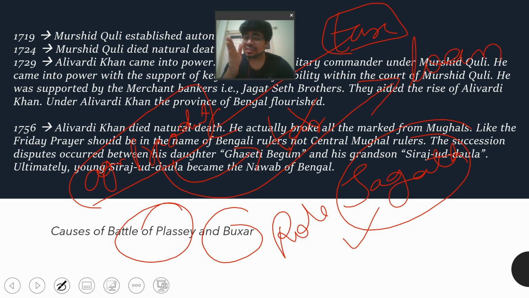Due to this scenario, the merchant bankers became very important for that period. They were the ones through whom the state was running. Let us suppose the weather was not good and people needed loans, and the merchant banker says, I will not give you a loan. What will they do?